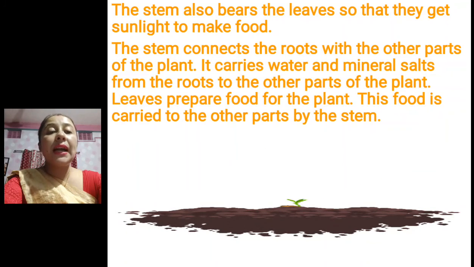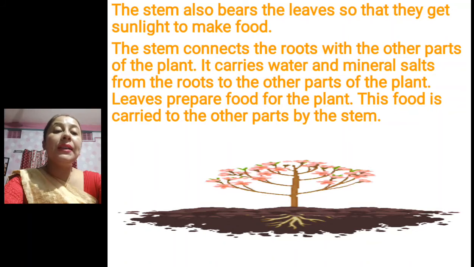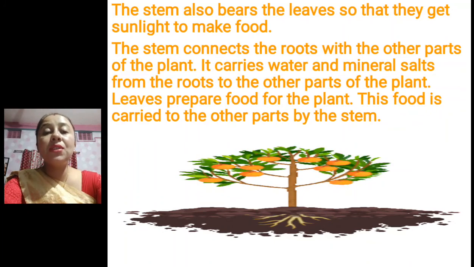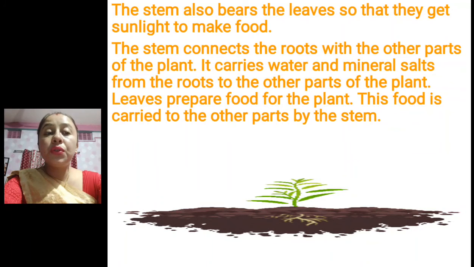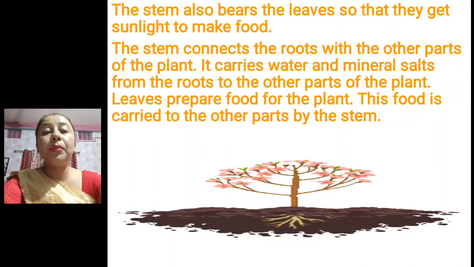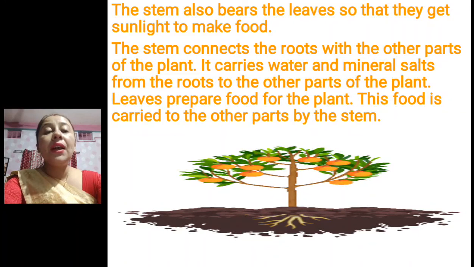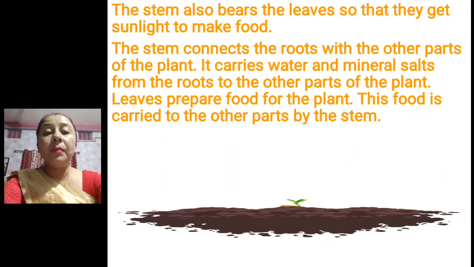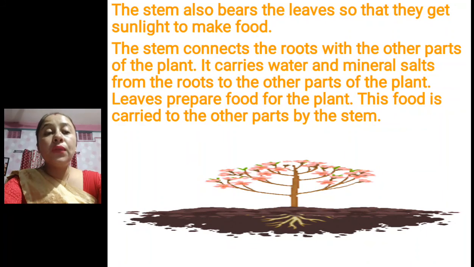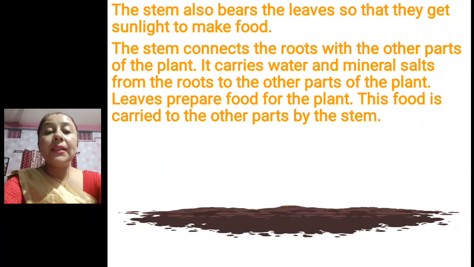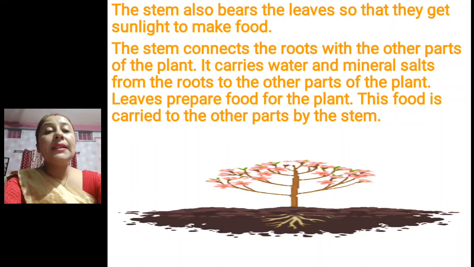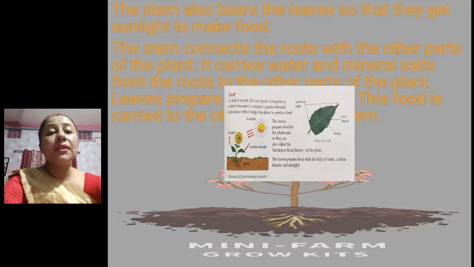This food is carried to the other parts by the stem. So the stem connects root, which carries water and minerals to other parts of the plant, and the food prepared by leaves is carried to the other parts by the stem. That is why stem is the main part of a plant.